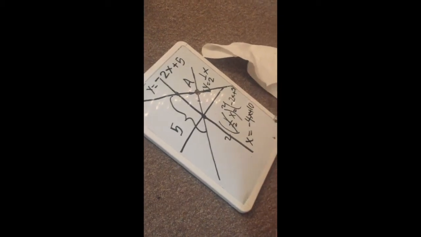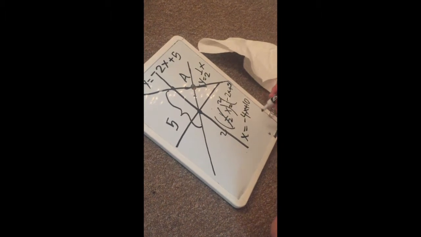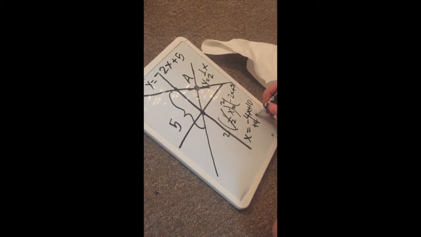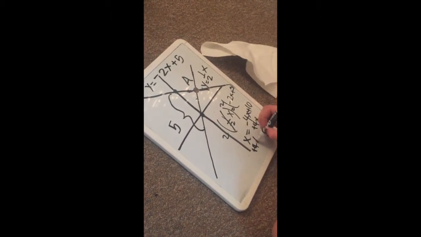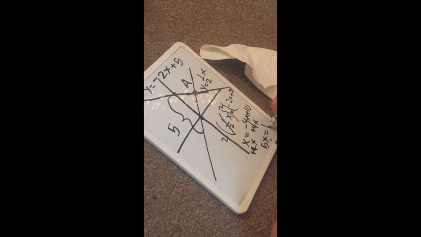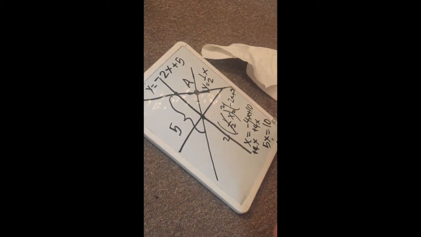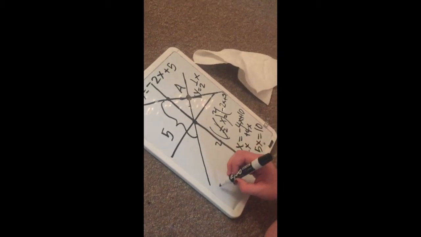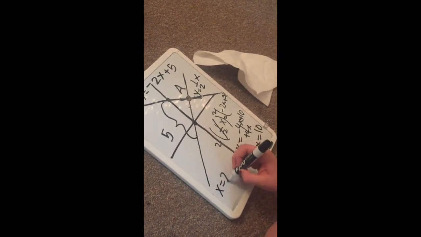Then we add 4x to both sides, which gives 5x equals 10. Dividing both sides by 5, x equals 2.